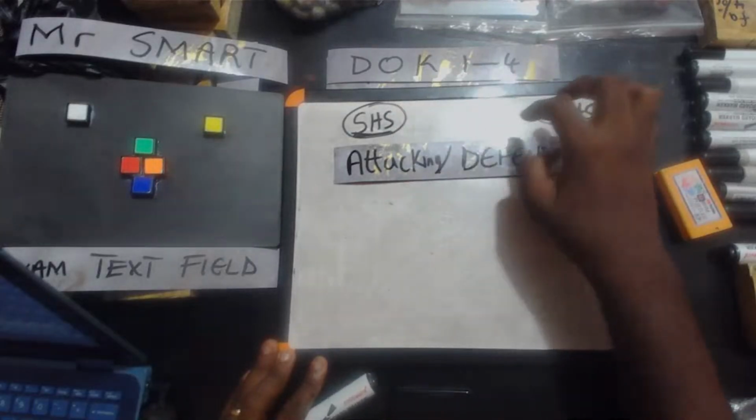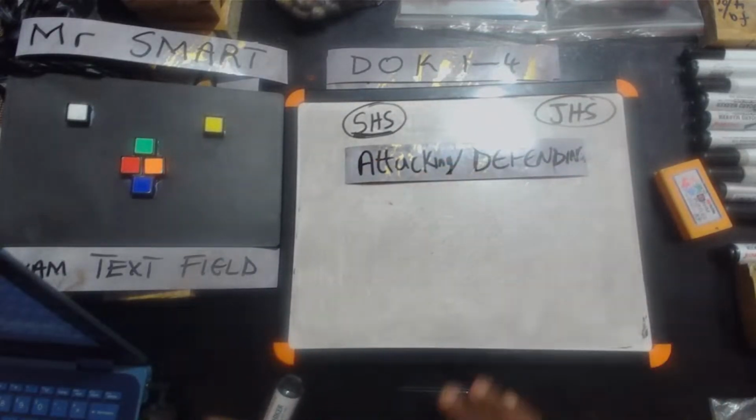Whether you're in SHS or JHS, you need an attack plan and a defense plan. We've established the levels of difficulty, so the attack and defense plan comes up.